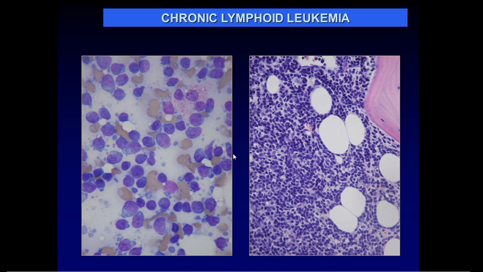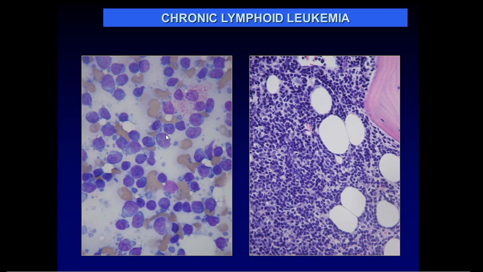So when we're talking about lymphoid leukemia, here we have, oppositely, condensed chromatin. So the nuclei of the cells are really blue or violet, dark blue, compared with myeloid.